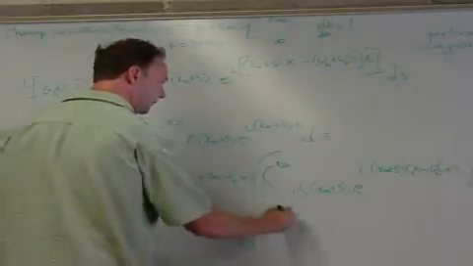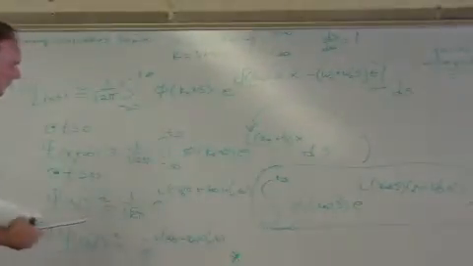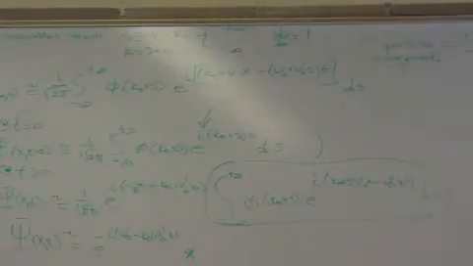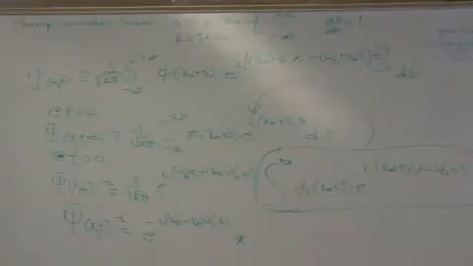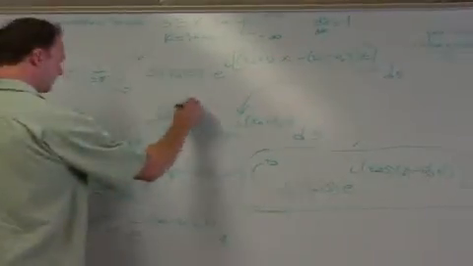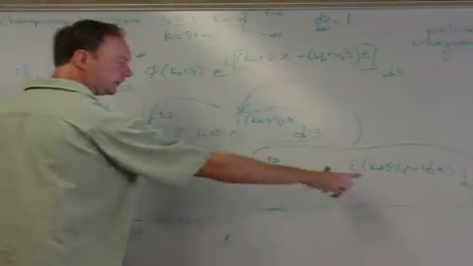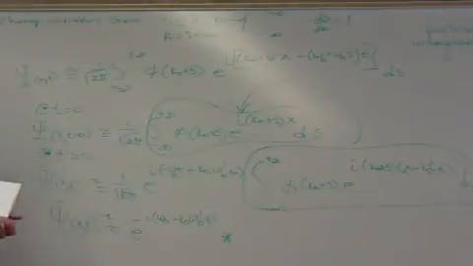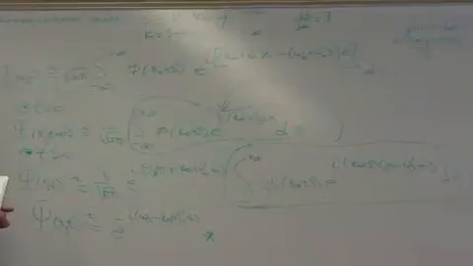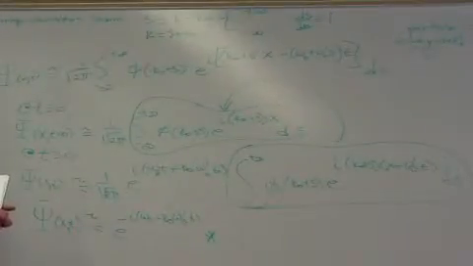Compare this to this. What's the only difference? It's x minus omega naught t. So the only thing is the x part, right? The x is x minus omega naught t. Velocity. You got it.